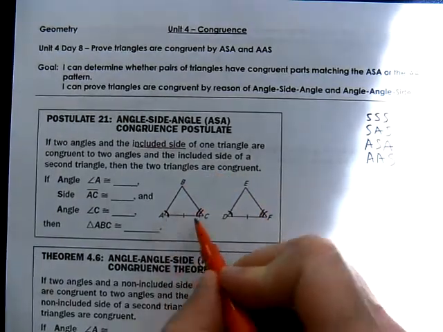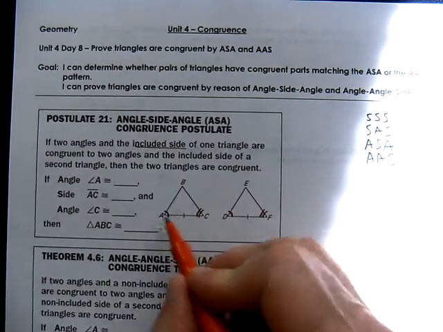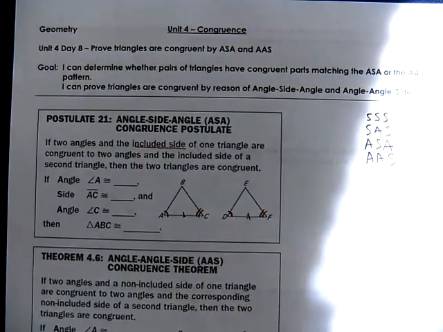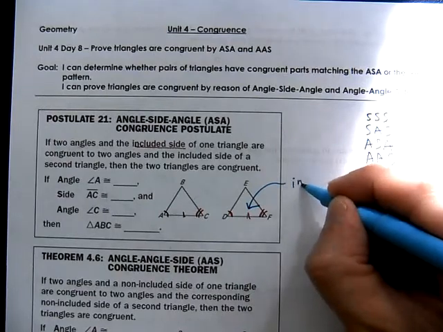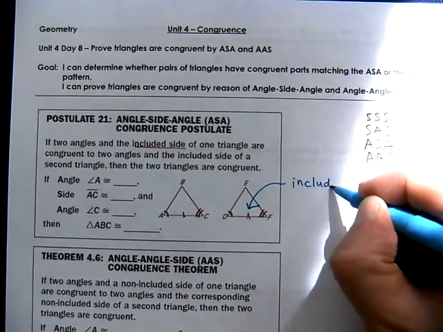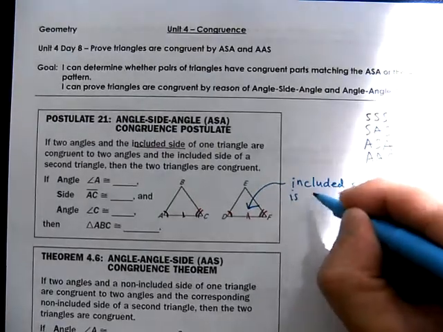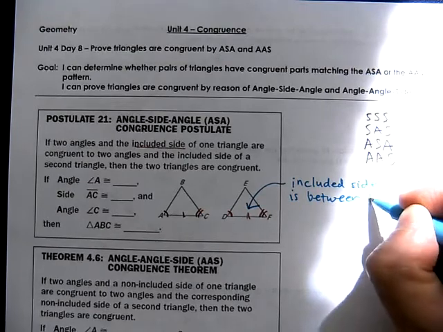But segment AC is between the two marked angles because the segment is touching the markings on both of those angles. So again, as a note, the included side is between the two marked angles.